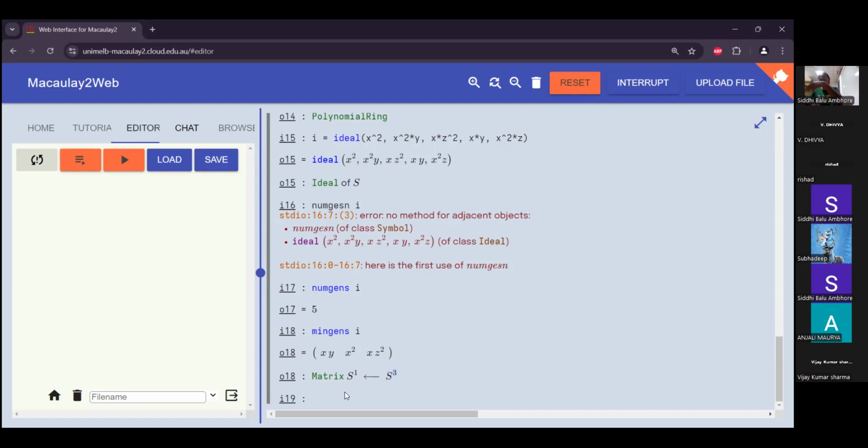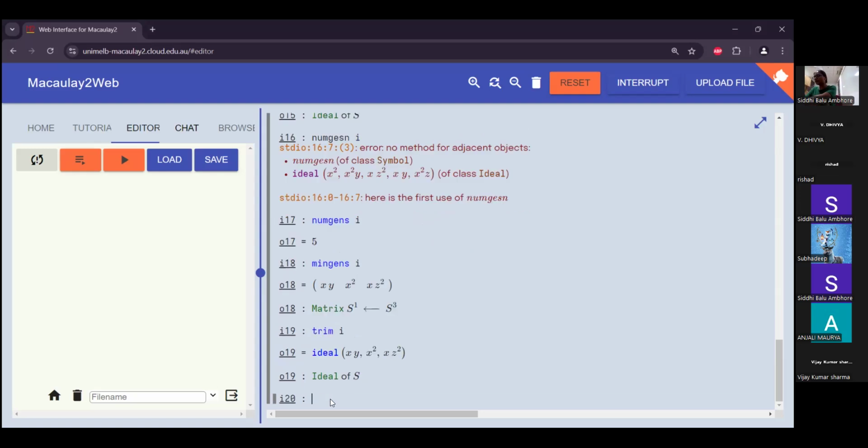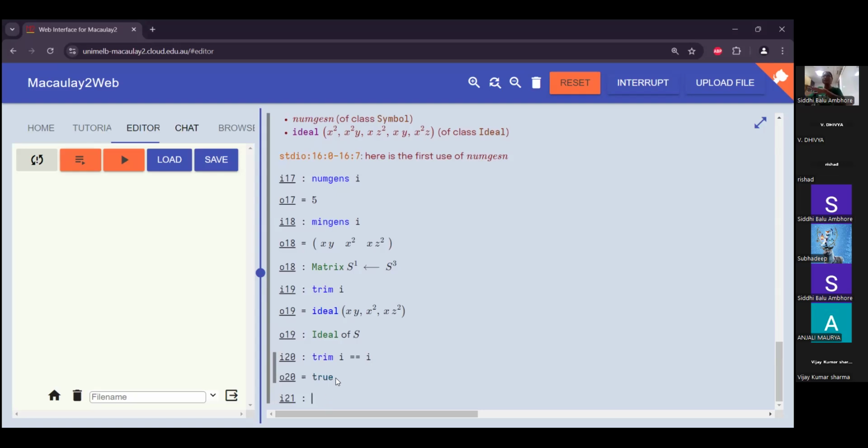Another way to get it in ideal form is trim I. Trim I gives me an ideal which is minimally generated from I. So trim I is equal to I; this is always the case.